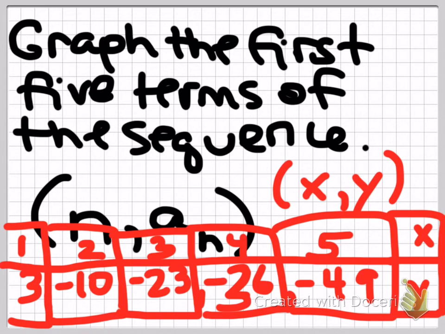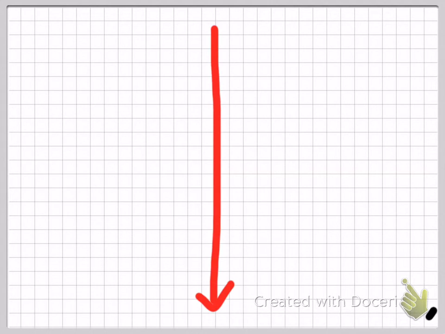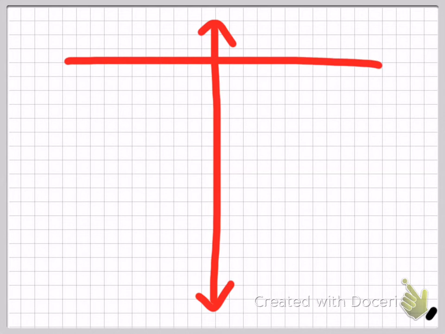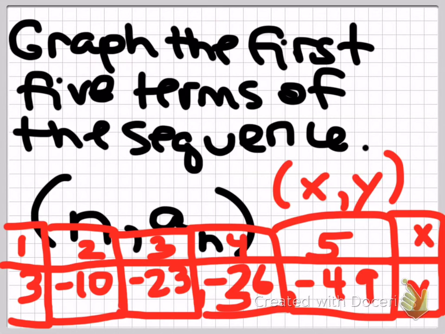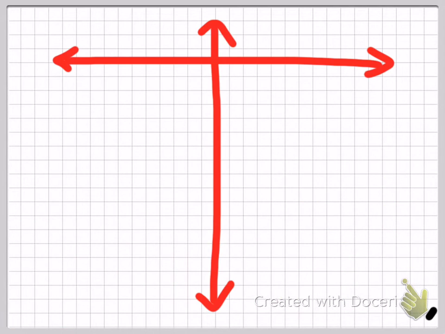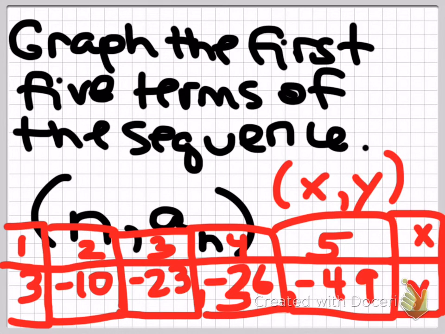And if I were to graph those, I would need to build my graph. And I need to figure out a good scale, so the x values can just go by ones. But my y values jump quite a bit. We go all the way from positive 3 to negative 49.